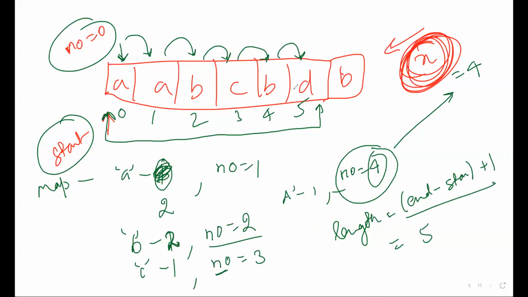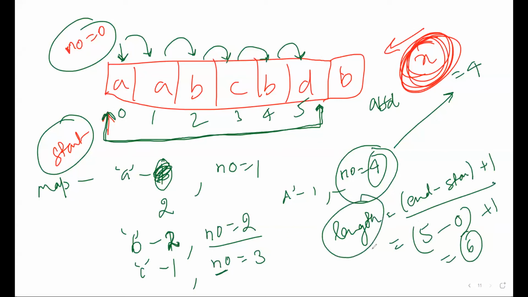Currently you are at index 5, so that is your end point. 5 minus start, which is 0, plus 1, comes out to be 6. So I can see that if you take the first 6 characters and form a substring, you'll get all the distinct characters. So what are all the distinct characters of my string? It is A, B, C, and D. Is it covered in this whole string from 0 to 5? Yes, it is covered. Now I have updated my length.